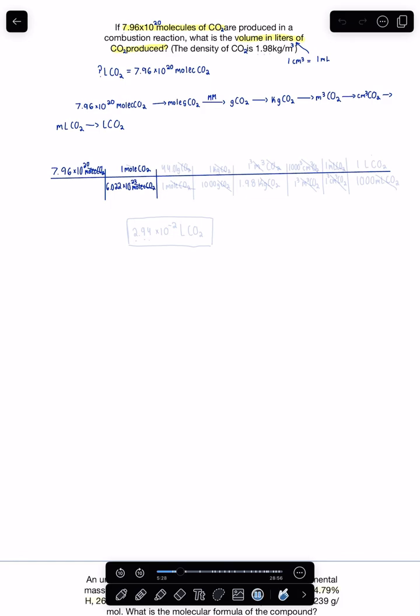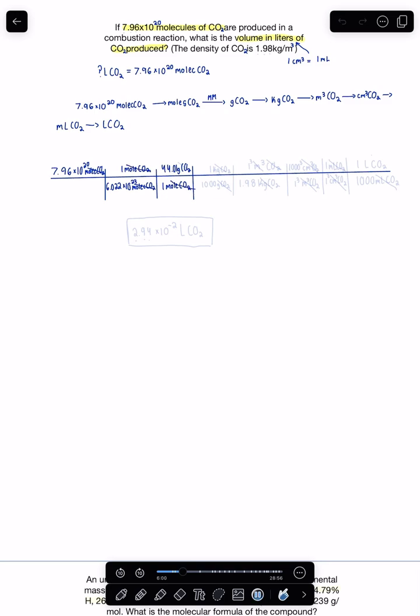So to convert from moles to grams, you're going to want to calculate the molar mass of CO2. So taking 16 plus 16 plus 12.01 will give you the molar mass, which is 44.01 grams of carbon dioxide in 1 mole carbon dioxide.